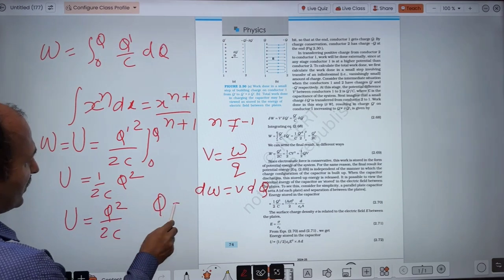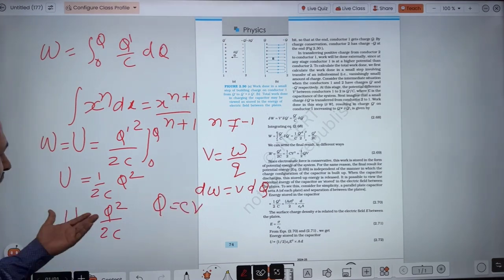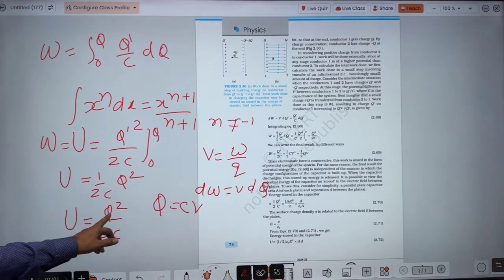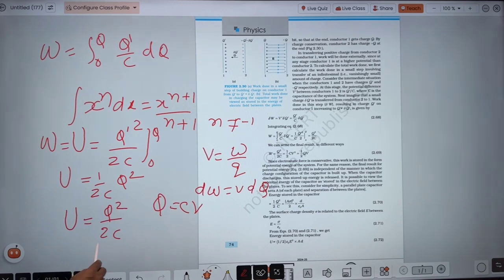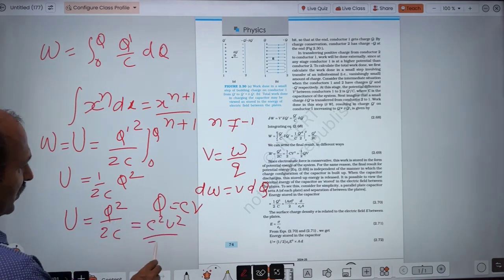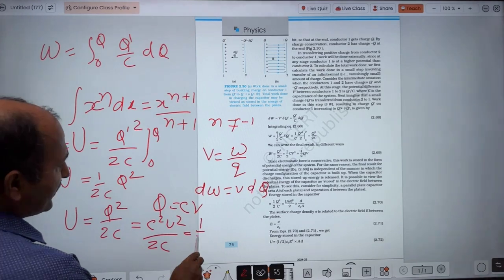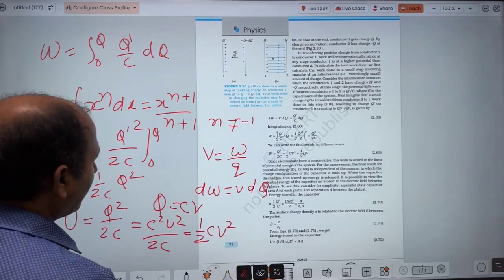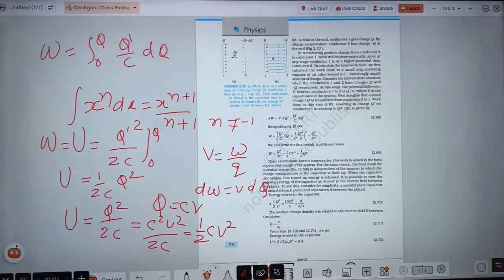But you know Q equal to CV. If you want to write another formula, so put here CV. So what will you get? C square V square divided by 2C. So you will get half CV square. Right?